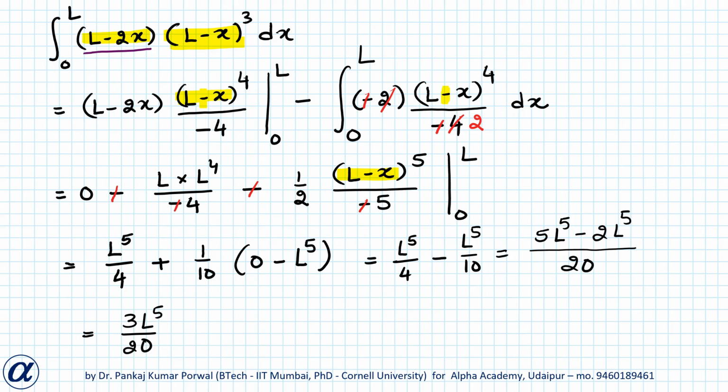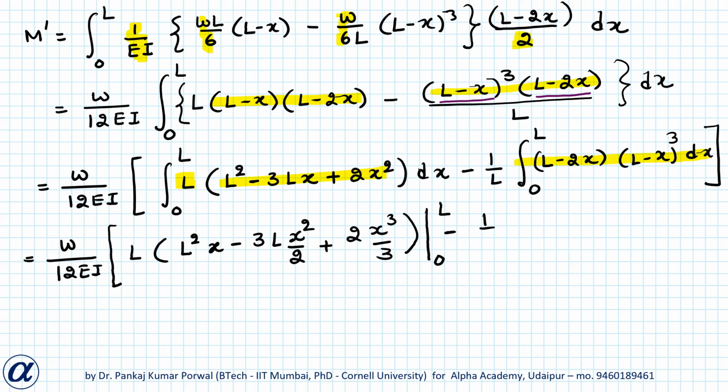This I can substitute back. So I get minus 1 by L times 3 L to the power 5 by 20, and here this L will cancel L to the power 5 to give me L to the power 4.